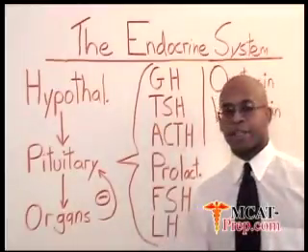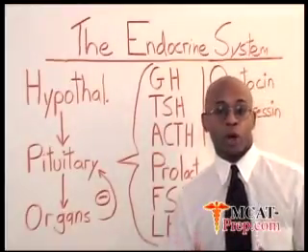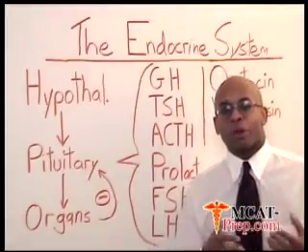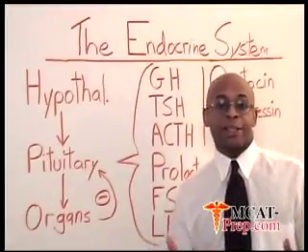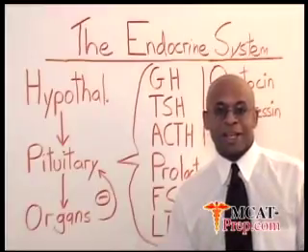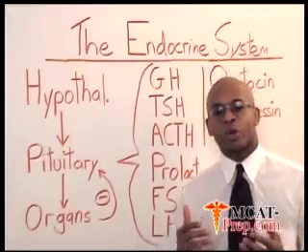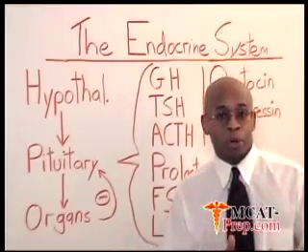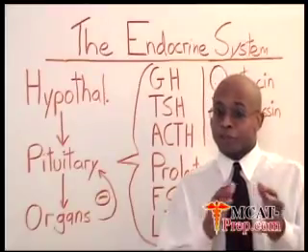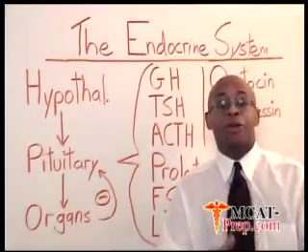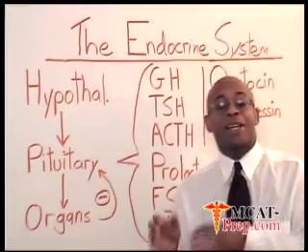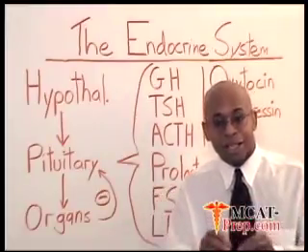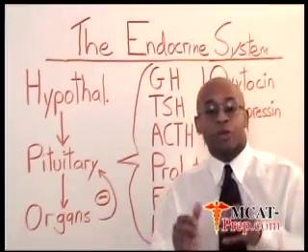First, we have GH. GH stands for growth hormone. So clearly, growth hormone is important in, well, growth. And so growth hormone would have its greatest effect on bone and muscle, because you started off small and now you are where you are because growth hormone stimulated your bones and your muscles for you to grow.